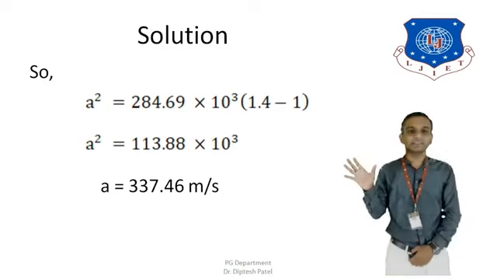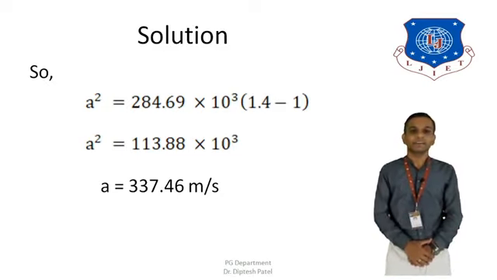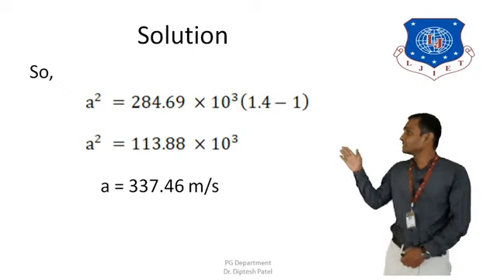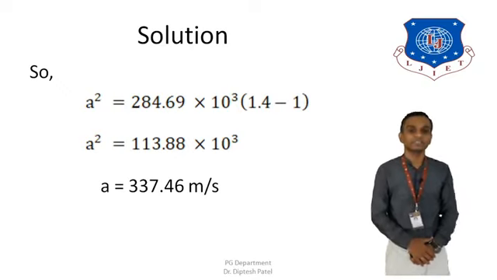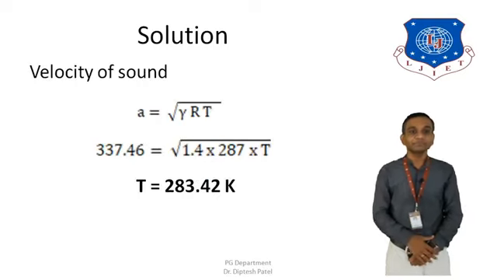Going through the calculations, we'll get a square is equal to 113.88 into 10 raised to 3, and therefore a is equal to 337.46 meter per second. So a is the velocity of sound at static condition, and that is 337.46 meter per second.